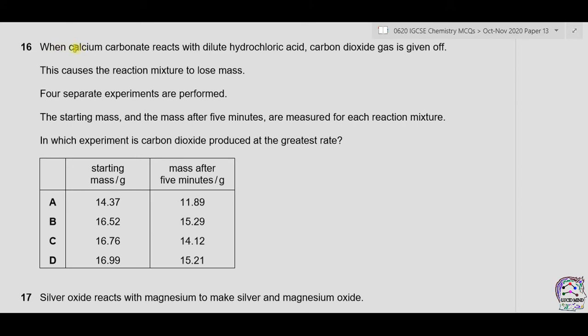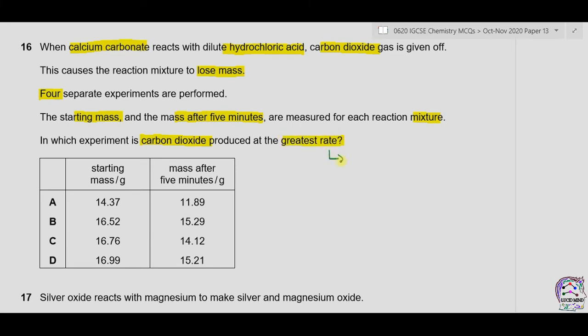Question 16. When calcium carbonate reacts with dilute hydrochloric acid, carbon dioxide gas is given off. This causes the reaction mixture to lose mass. 4 separate experiments are performed. The starting mass and the mass after 5 minutes are measured for each reaction mixture. In which experiment is carbon dioxide produced at the greatest rate?